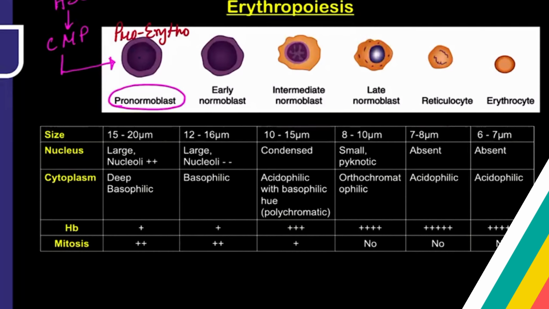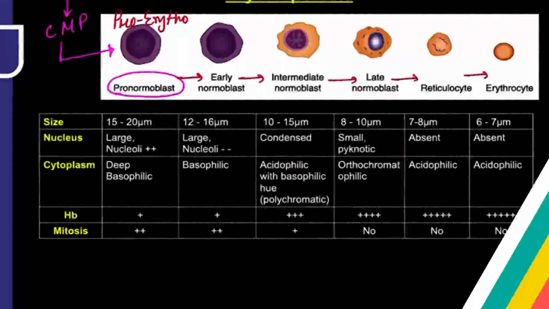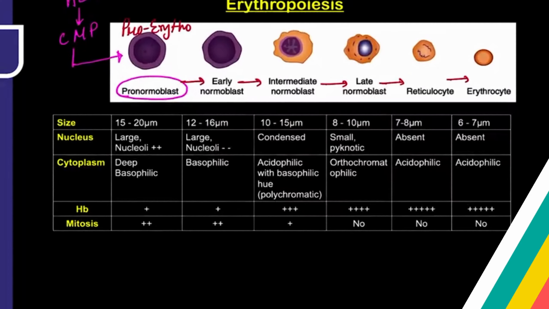If you look at this cell, it is a very big cell with bluish cytoplasm and a hugely enlarged nucleus. The size of the nucleus is very large. Now, if you go from this pro-normoblast to early normoblast, intermediate normoblast, late normoblast, then reticulocyte and mature RBC, you find that the cell size is decreasing gradually.